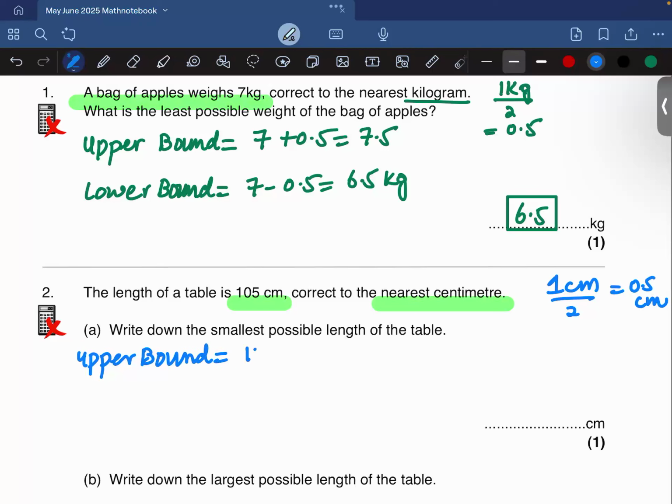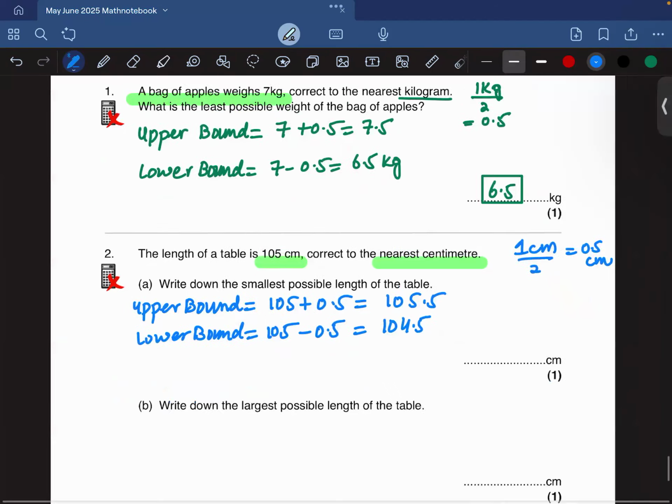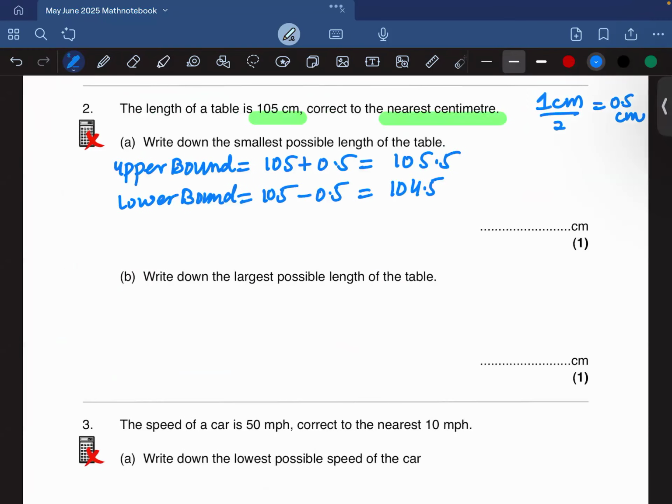So 105 plus 0.5, it would be 105.5. And lower bound, subtract the error. Agree or not? 105 minus 0.5, so it would be 104.5. According to part A, write down the smallest possible length. Smallest possible means lower bound, so 104.5. That is the answer.